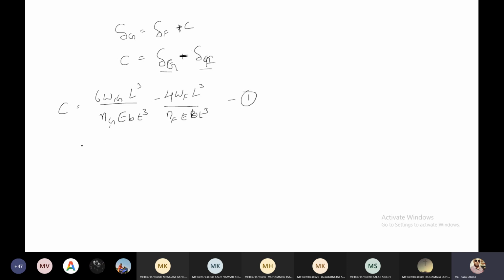Now, as per our concept, we equalize the stresses, that is, full length equals graduated leaf. So what is the full length leaf stress?